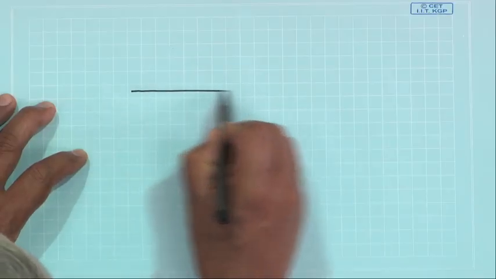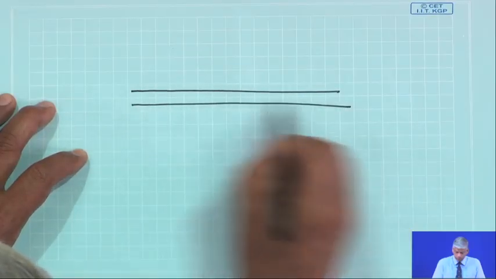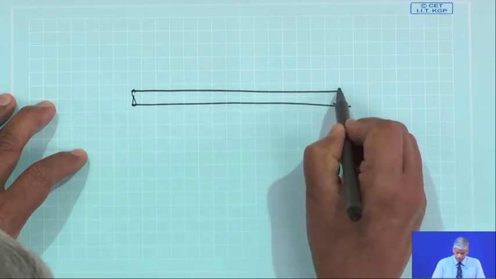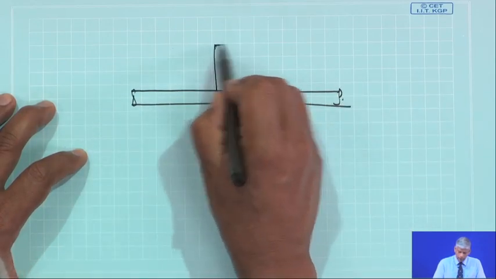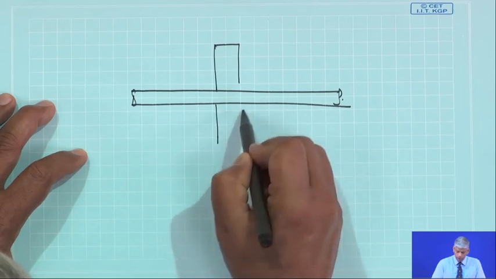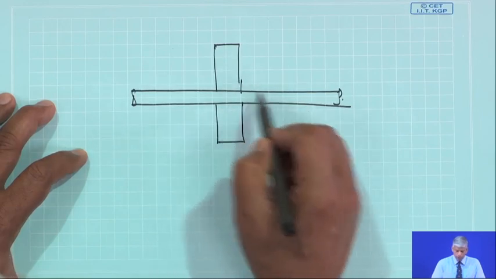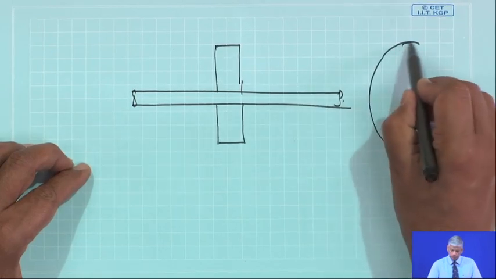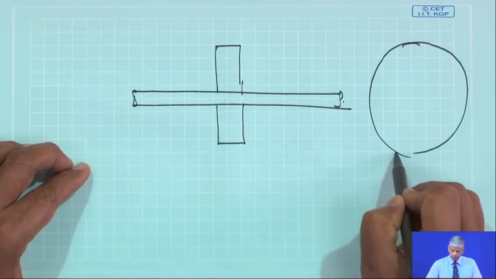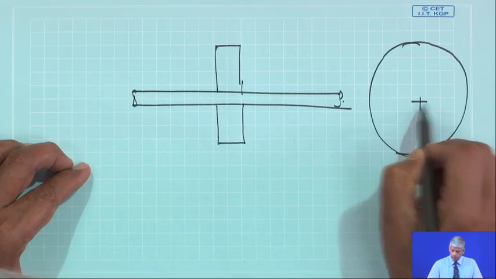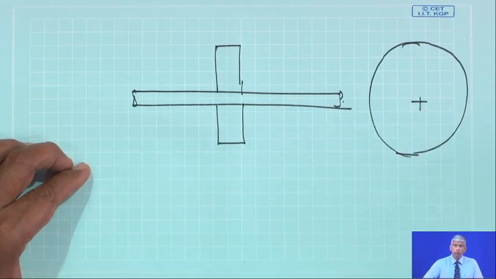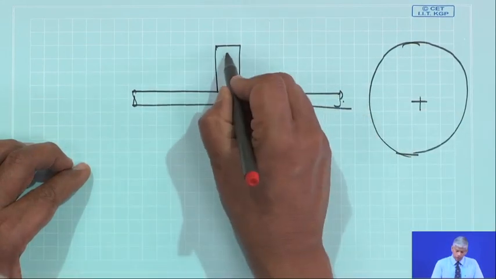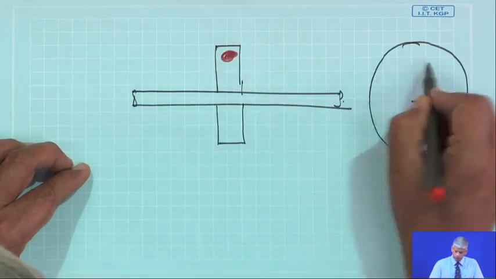Suppose I have a shaft, and the shaft could be carrying a pulley, a gear, and if you look at this view here, suppose there is an unbalanced mass here.